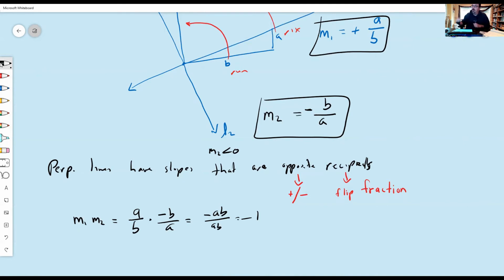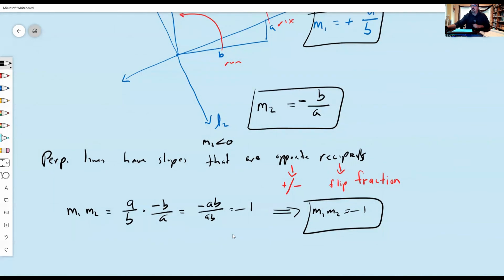So if you're perpendicular, m1 times m2 equals -1. And negative reciprocals, I'll come back to that one real quick, would mean that if I have m1, then m2 would equal -1 over m1. So just take it, you flip it over and switch the sign.